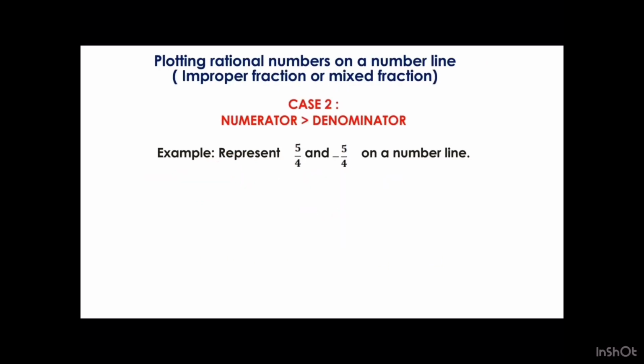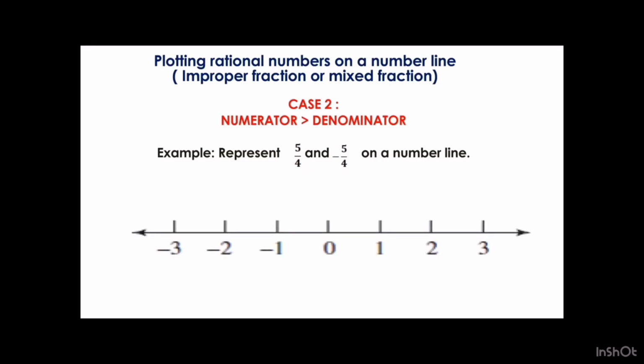Next, let us understand how to plot rational numbers that are improper fraction or mixed fraction on a number line. Represent 5 by 4 and minus 5 by 4 on a number line. First, we will draw number line in this way.